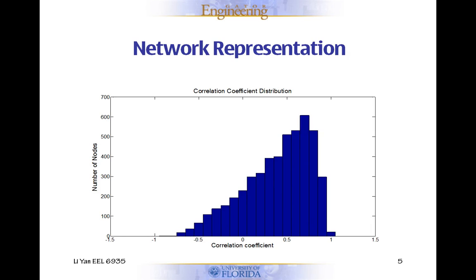And in this page, the distribution of the correlation coefficients is presented. We can see that most of the correlation coefficients are positive, and the peak value is around 0.67, and this phenomenon will influence the threshold we used in later parts.